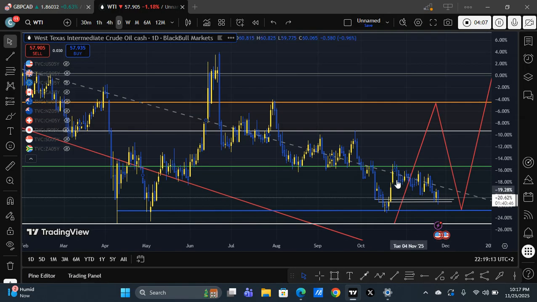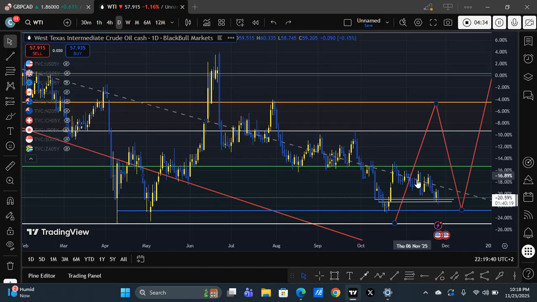What happens when OPEC increases its production is that we're going to experience a break below this low here. This WTI crude oil is directly proportional to the price of crude oil.